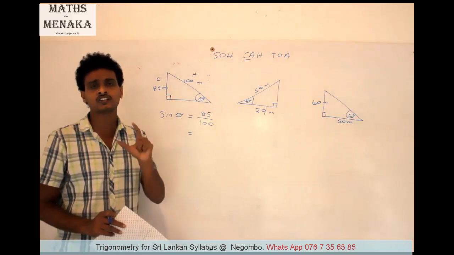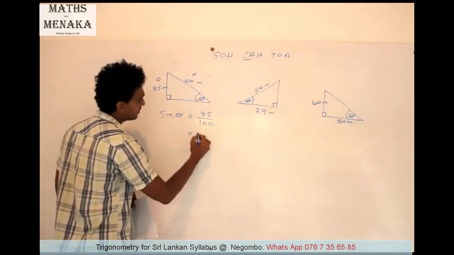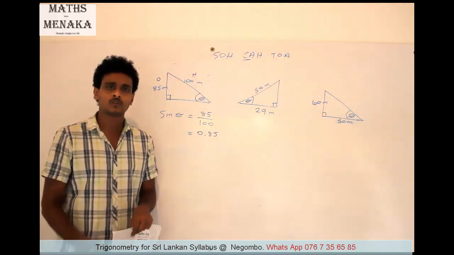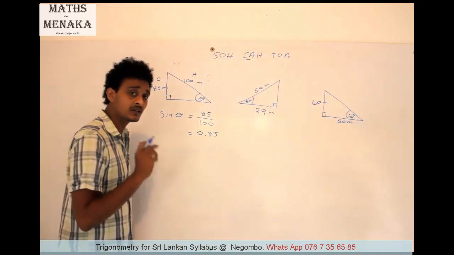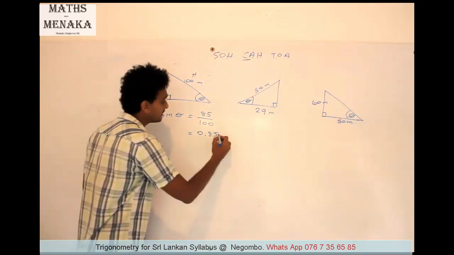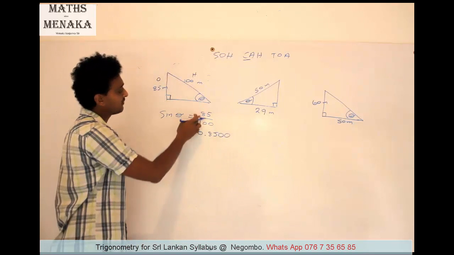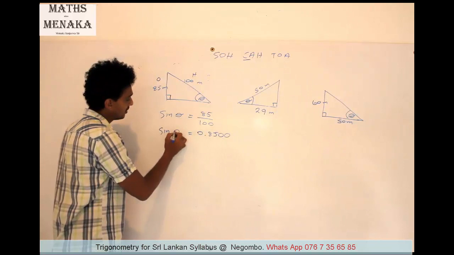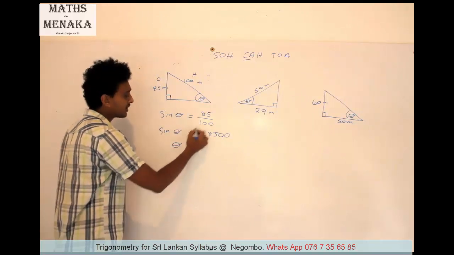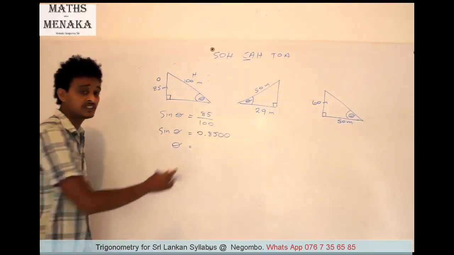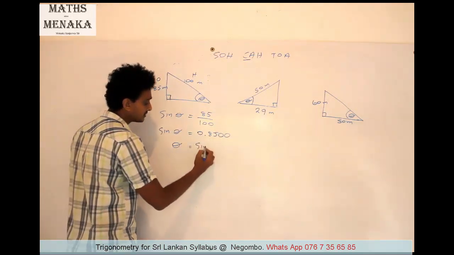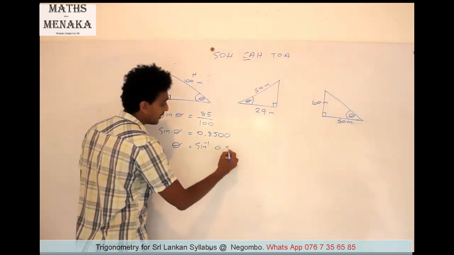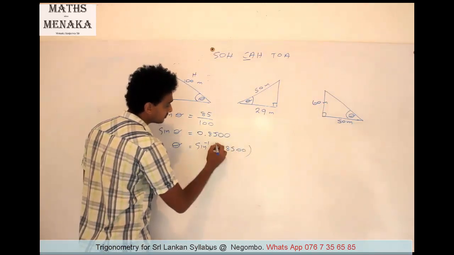Here 85 over 100 is 0.85, only 2 decimal places. If the decimal places are less than 4, you can write zeros. So 85 over 100 is 0.8500, which is sine theta. Then to find theta, you have to take the inverse, so we write sine inverse 0.8500.